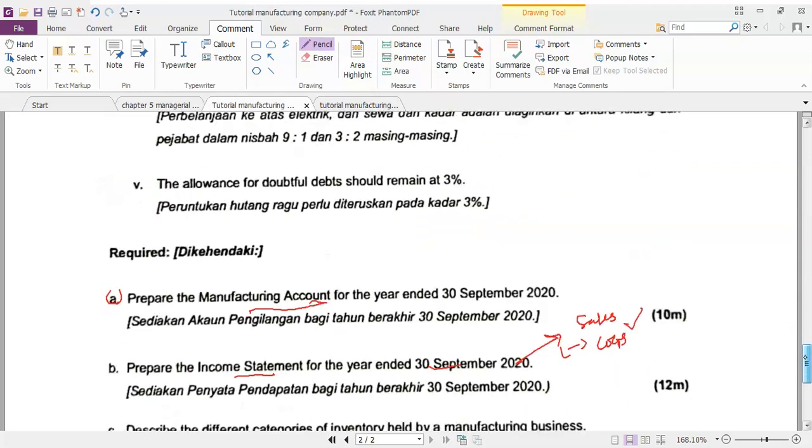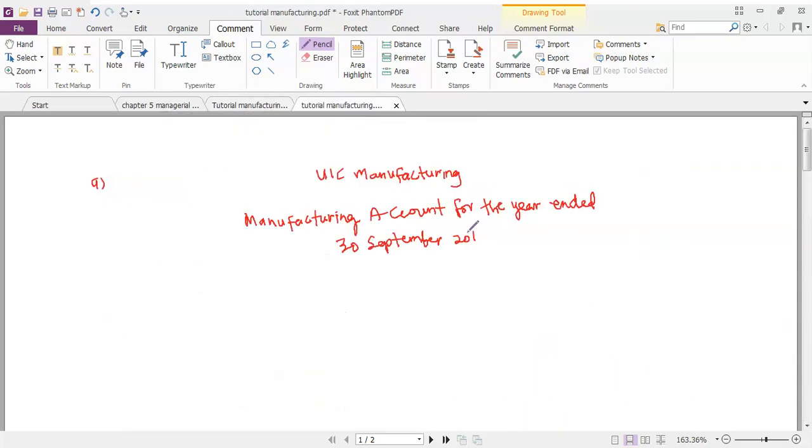Tengok balik soalan kita. 2020. Okay, start ni 2020.